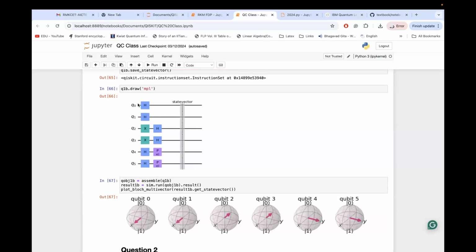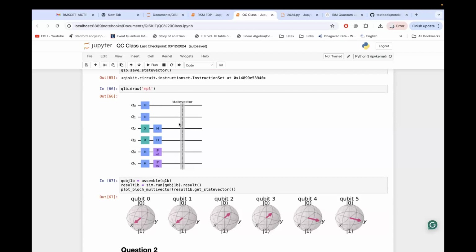In the quantum circuit, on the left side you will have quantum states. Here Q0, Q1, Q2, Q3, Q4, Q5 are qubits. And when you are using qubits, the system will always initialize everything in the ket 0 state.